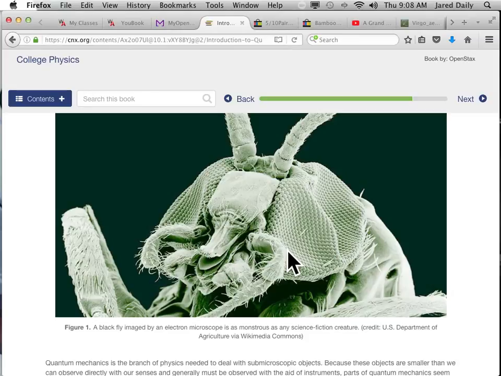The reason that you cannot see these details with visible light is that visible light waves are much bigger than these details. You can't measure something that is smaller than your measuring device. When it comes to waves, your measuring device is your wavelength.